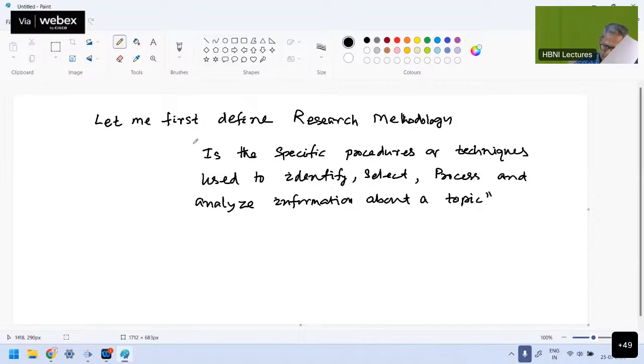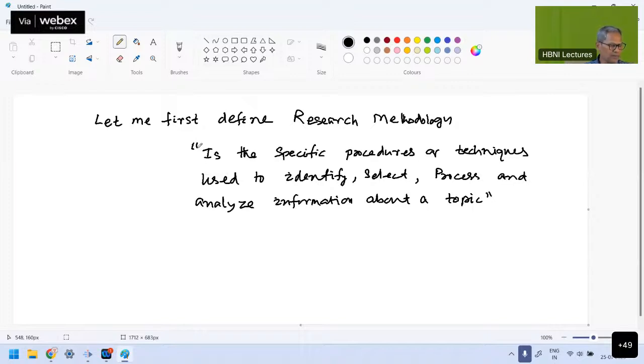This is what research methodology is by definition.